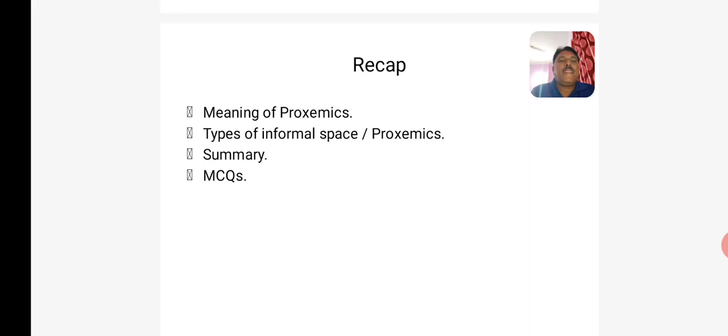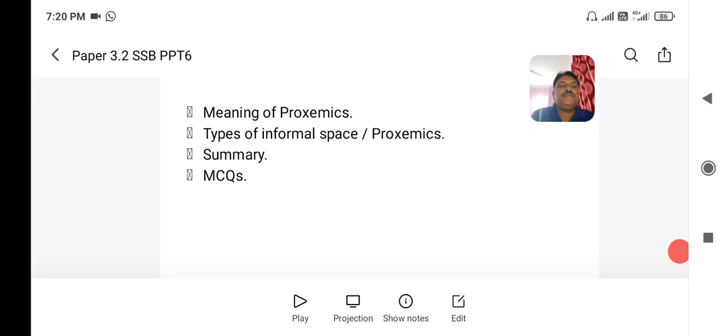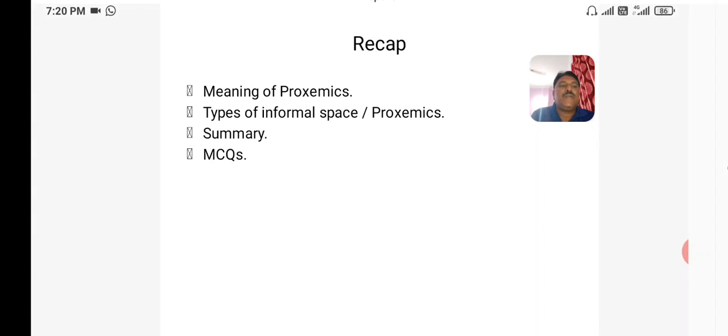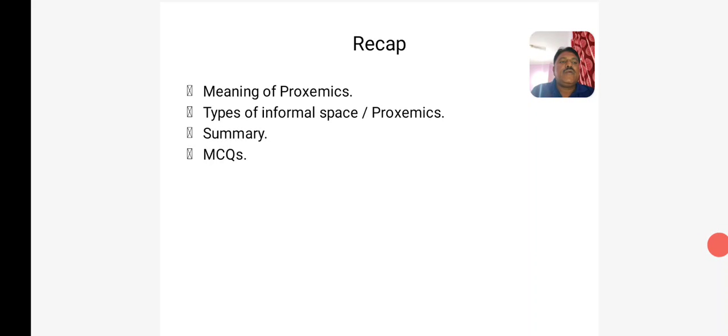In the last class, we had a discussion on meaning of proxemics, and we had a discussion on types of proxemics or informal space, where we have studied how to make use of available space in different situations when we are with the people with close and intimate relationship, when we are in contact with peer groups and colleagues, when we are in official and social gatherings, or when we are in a public speech.